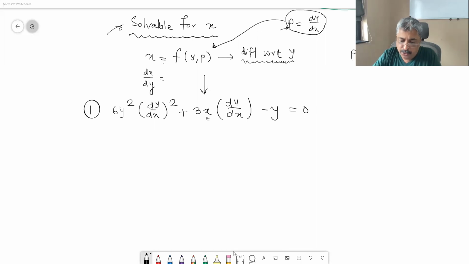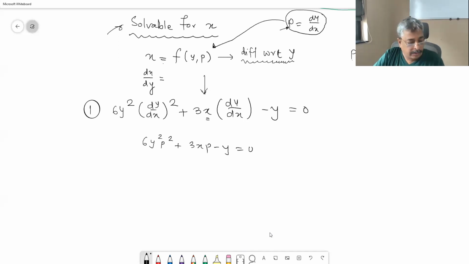Okay, the first thing that we should do is separate and put x on one side. We can always call dy by dx as p, so first of all it will look like 6y square p square plus 3x p minus y is equal to 0.